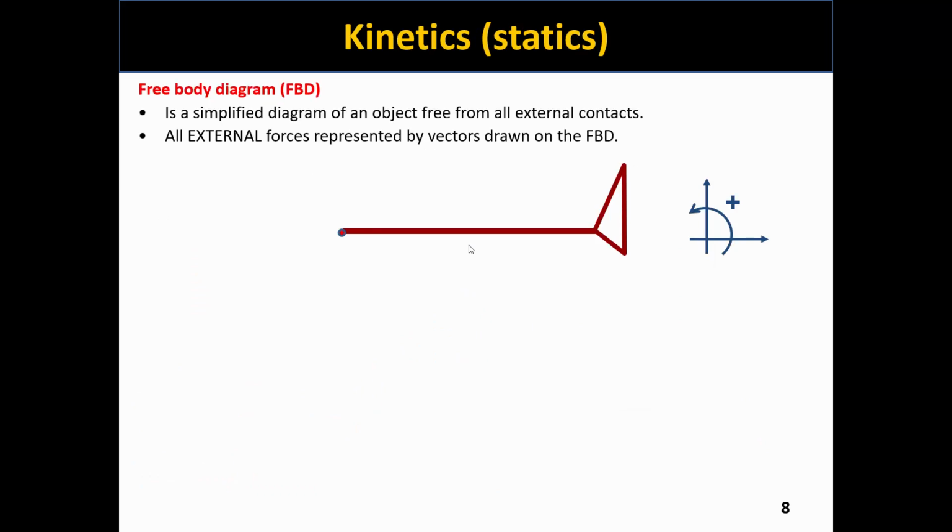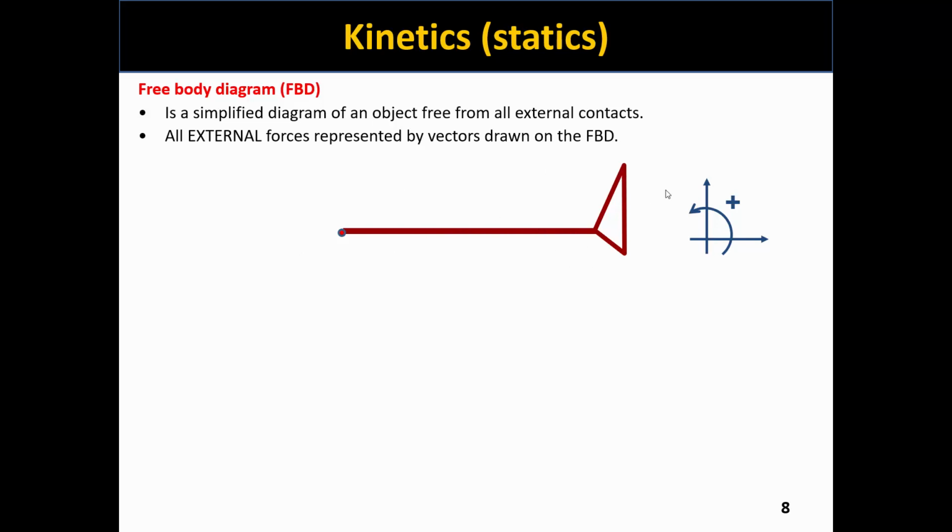Here with the free body diagram, just to review once again, we have our simplified diagram of a complex system. We don't have any other contacts drawn into this, so we have the knee, the lower leg, and the foot represented by this triangle. Then we will start adding in vectors to represent the forces coming from outside of this system that are influencing the position of this system.